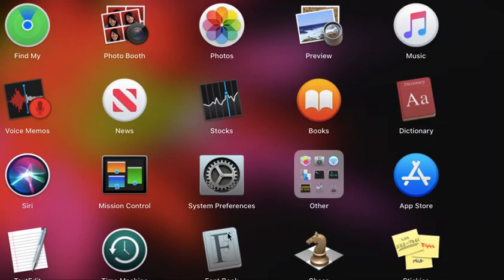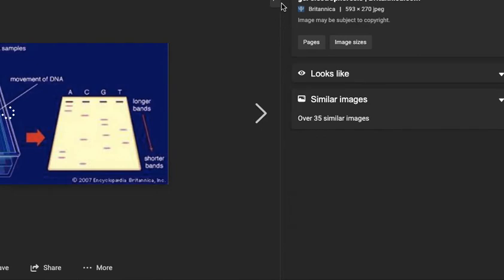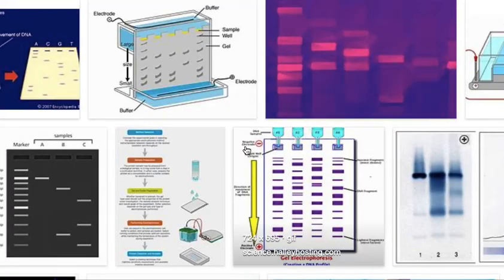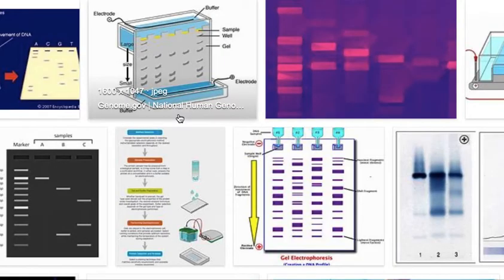To explain more about this test, finally we will get a result like this. See, they put DNA samples. This is the negative electrode and this is the positive electrode.